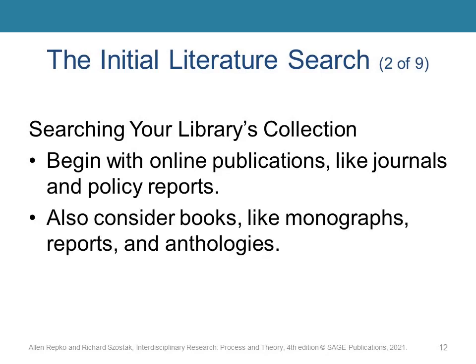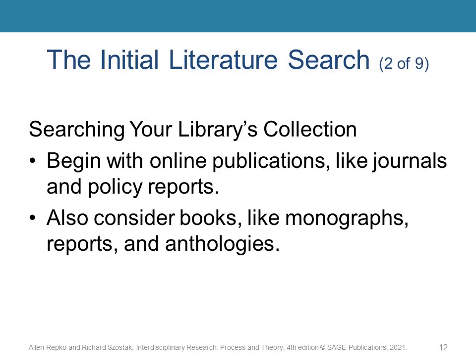Then we should consider books like monographs, reports, and anthologies. Although the information in these books is not usually peer-reviewed, they can provide useful information that disciplinarians may have missed or ignored. We might also find relevant encyclopedia articles.